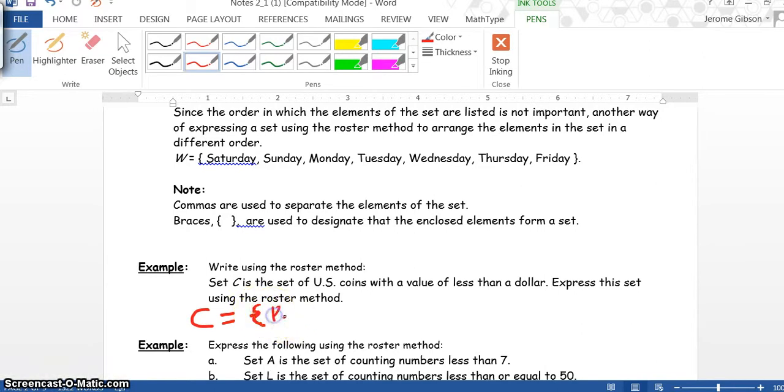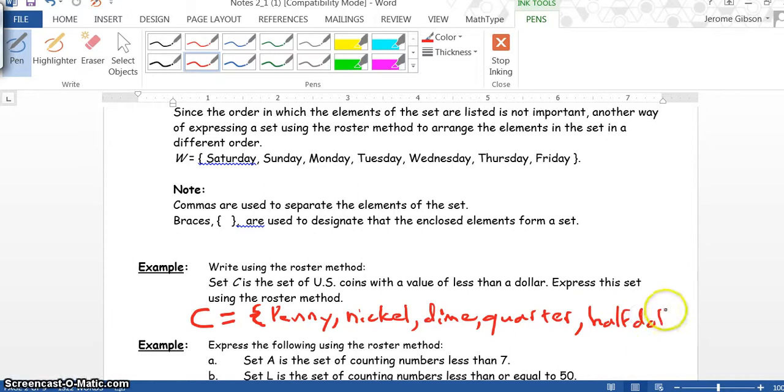We could put a penny, a nickel, a dime, a quarter, and finally we could put the half dollar. And these are all of the coins that are less than $1.